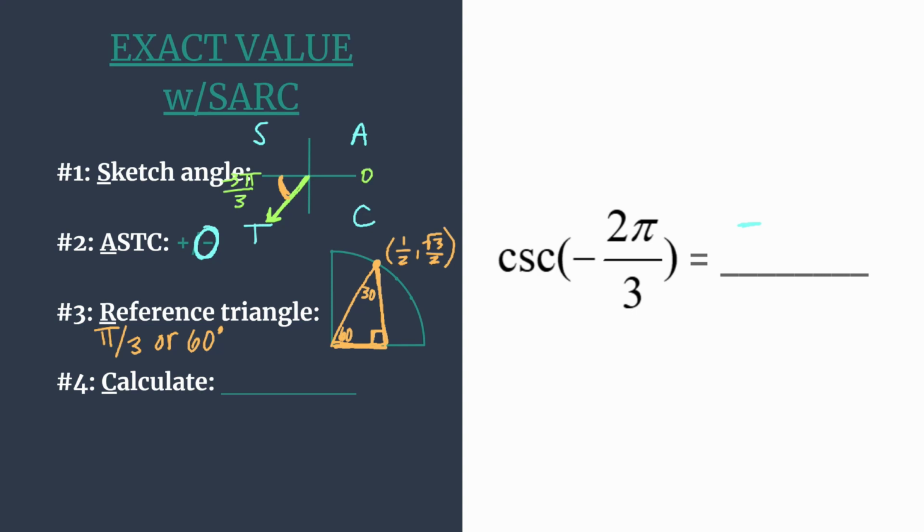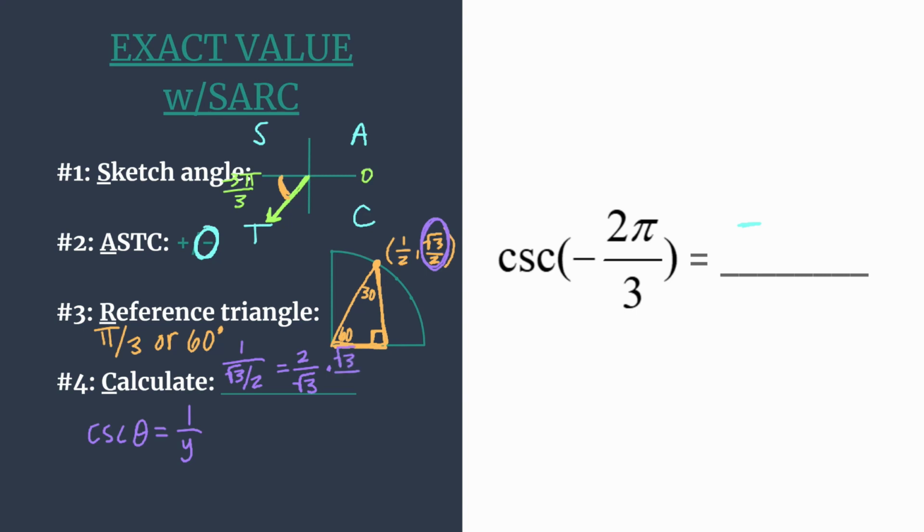And now finally we can calculate. We have our coordinates, and we just need to recall that the cosecant of an angle on the unit circle is simply the reciprocal of sine, the y coordinate. So it's just 1 over the y coordinate. And remember, we already decided our final answer is negative in the second step. So here's the y-coordinate. We want to take the reciprocal, so we can write it like this, but really we know that dividing by a fraction flips it. So that's 2 over square root of 3, and then we need to rationalize.